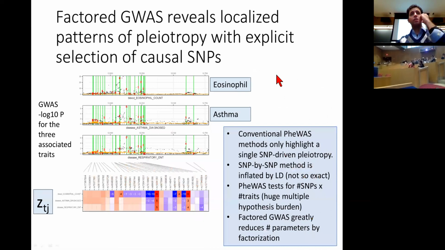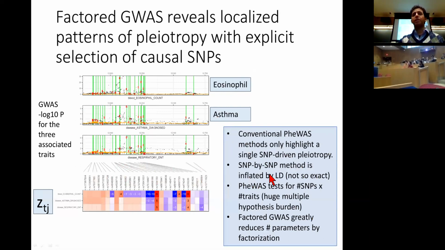So doing this, you can reveal localized patterns of pleiotropy and an explicit selection of causal SNPs within each locus. Here's one example where, as we're going through the locus, we can find the association with different traits. A conventional PheWAS method would only highlight a single SNP in this particular approach.